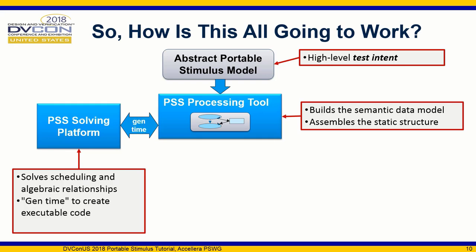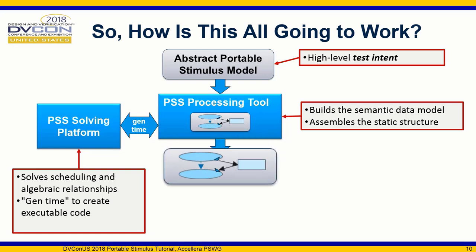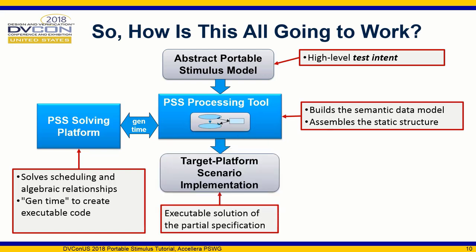We can do it at what we call gen time. So if you're going to create the test first and have like a piece of C code that you'll then run on your processor, we have to solve all that stuff first before we can generate the code. Or we can generate code that will run in simulation that will at runtime go and talk to the solver to figure out what's the next thing to happen. Different tools do different things. Different applications require different ways of dealing with it.